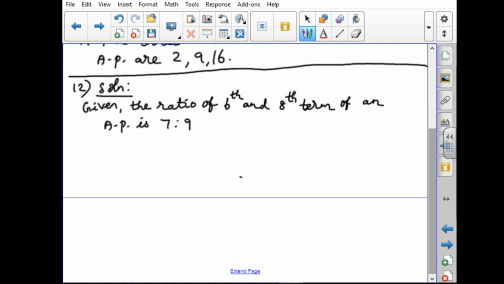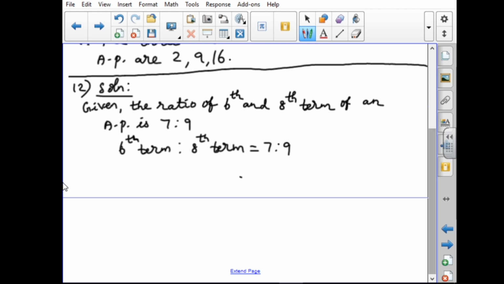So we have to write the ratio like this: the 6th term is to the 8th term equal to 7:9.